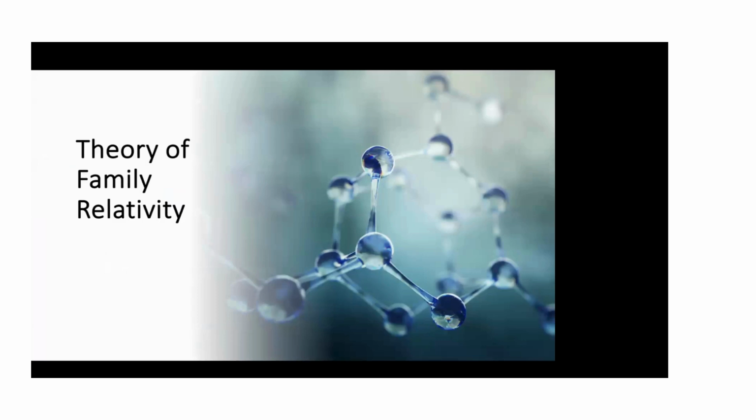Well, some elements of the DNA match review are on my list as separate features, and theory of family relativity is one, so I'm going to cover that now. This uses family trees and genealogical records to show one or more possible paths to common ancestors.